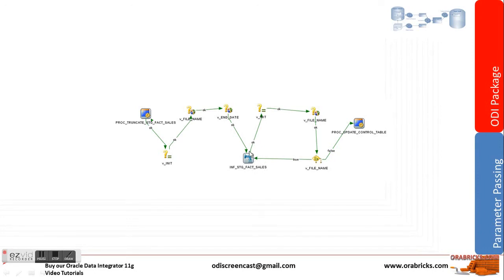Now you increment the value of v_init by 1. Again you refresh the value of v_file_name, then you check whether the new file is less than or equal to the end date or not, then process the interface, and finally update the control table at the end of the full load. Then automatically when you run this package next time, it will get the new transaction files as an incremental load.